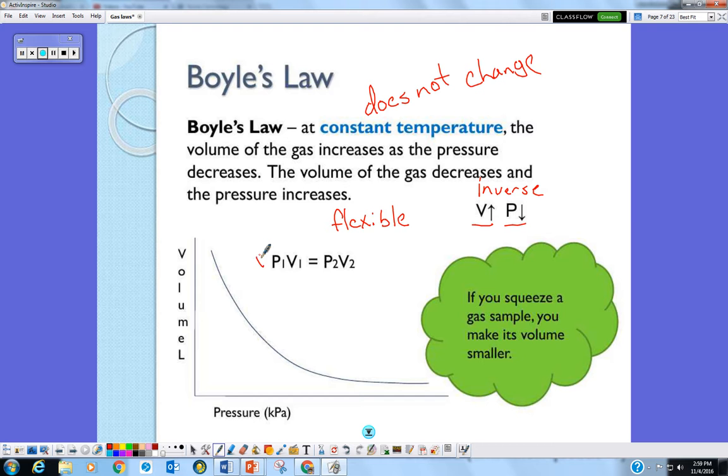So we look at the equation relationship as P1 times V1, our initial pressure times initial volume, will equal the new pressure times the new volume. If we were to graph volume versus pressure in a Boyle's law relationship, it's going to make this curve that we see, volume versus pressure.